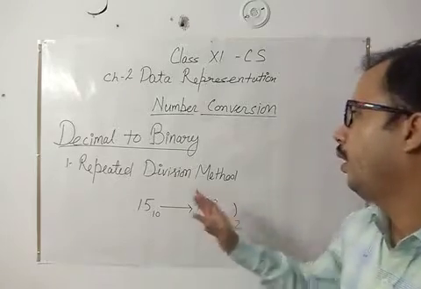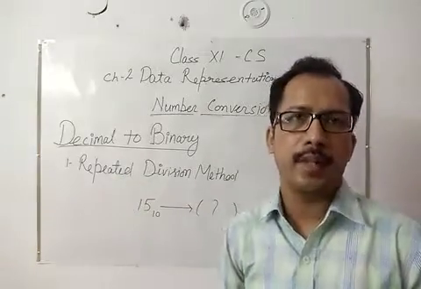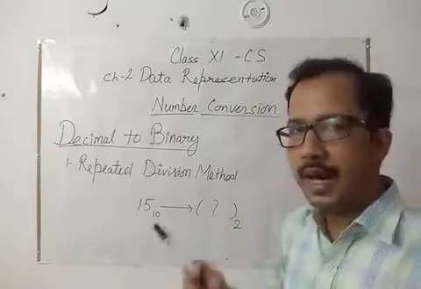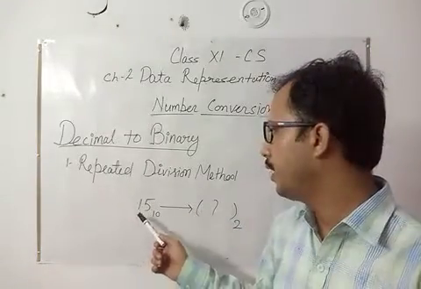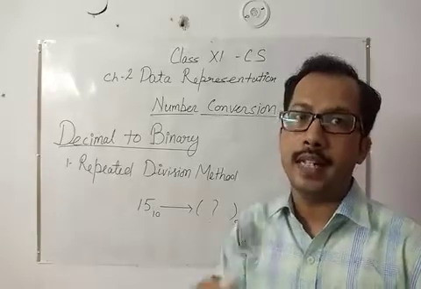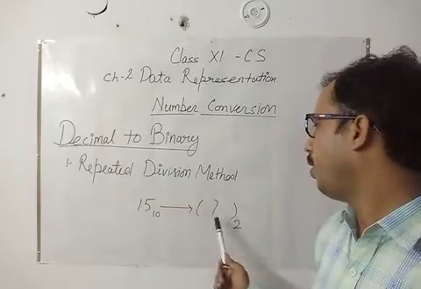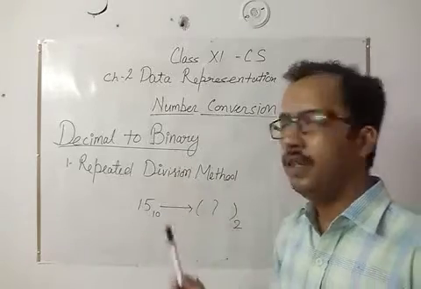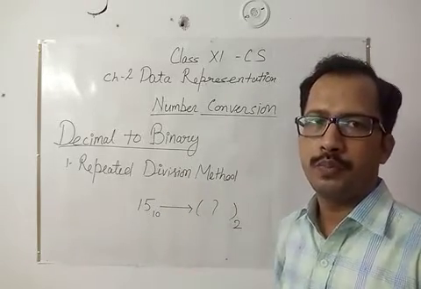Now, what does the repeated division method say? It says to divide the given number, which is 15 here, by the base of the desired number system. Here it is binary, so the base is 2.